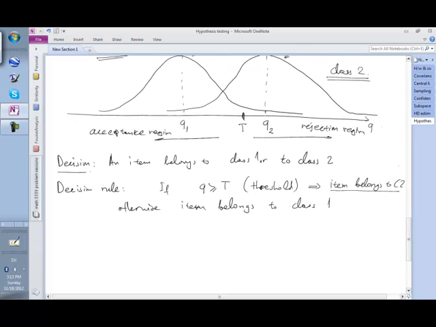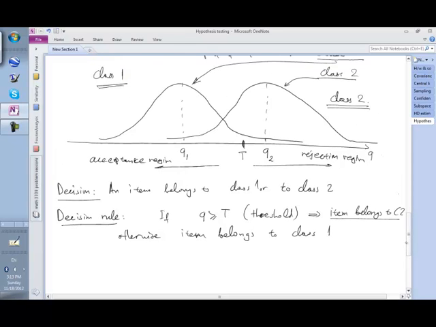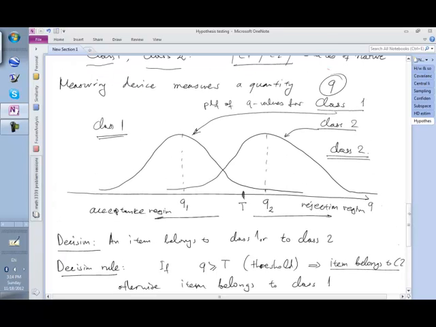Okay. Now let's see what is the optimal way to find the threshold here. By the way, what I'm describing is a very simple classifier based on a threshold. And what I'm supposed to know in order to find this classifier is the PDFs, the probability density functions of the Q value.